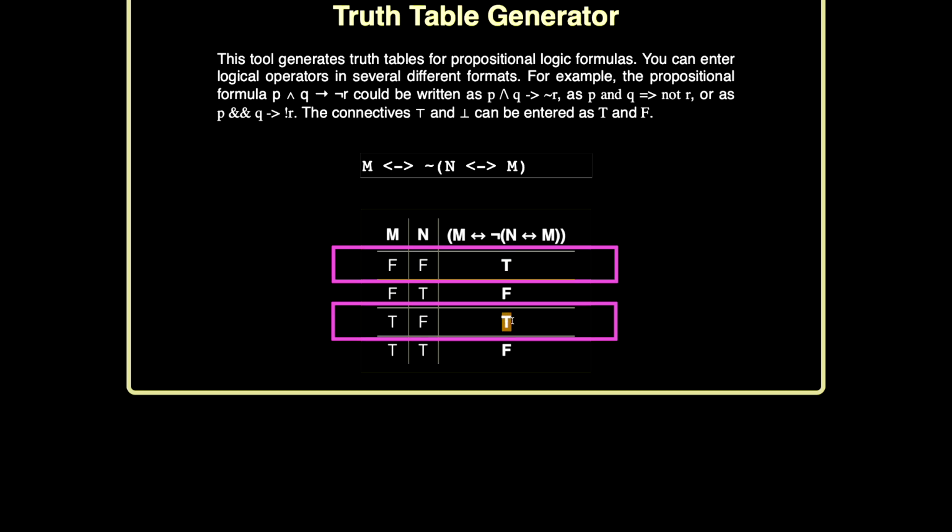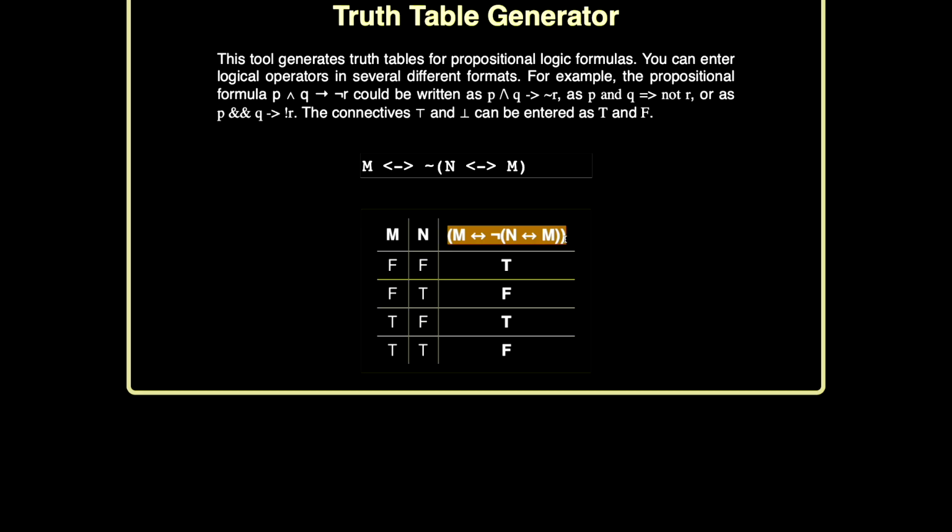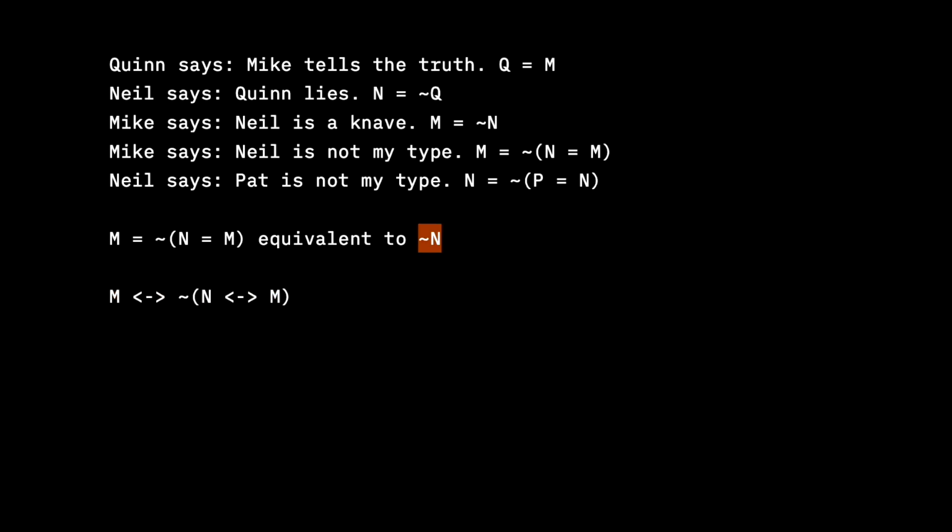So when we look at a T here, it's guaranteed that N, Neil is a knight, is false. In other words, this sentence guarantees that Neil is a knave. It's equivalent to this sentence here, Neil is a knave. This is super useful information.